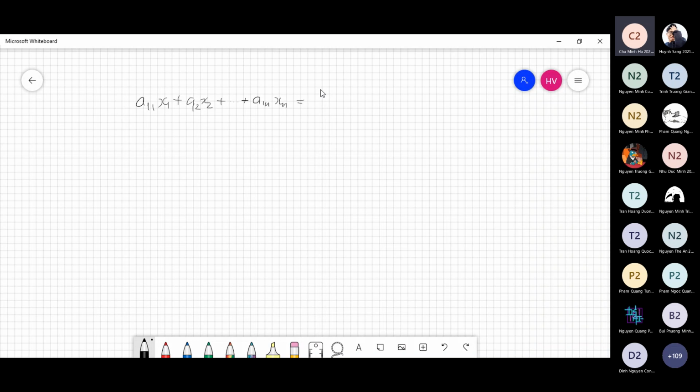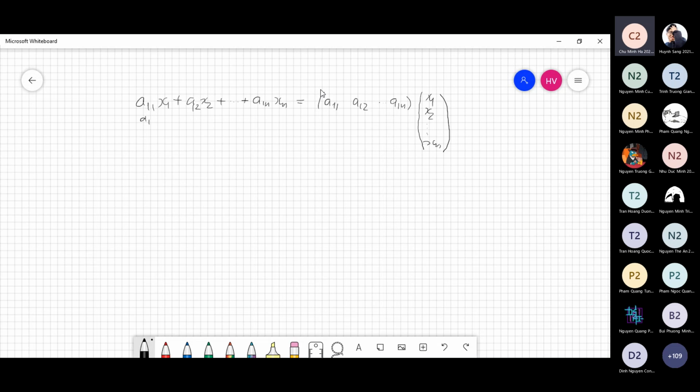Actually, this can be written as the row a11, a12, and so on until a1n multiplied by the column x1, x sub 2, and so on, x sub n. Can you see that if you multiply this row with the column, you obtain this clearly?